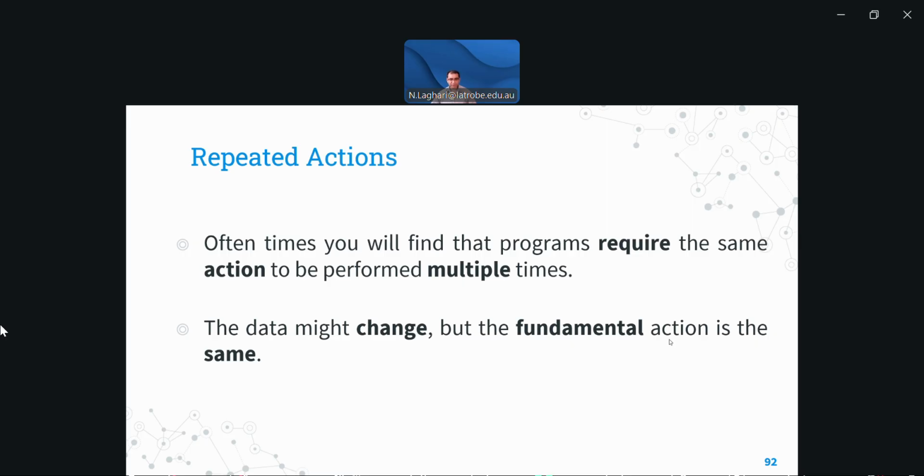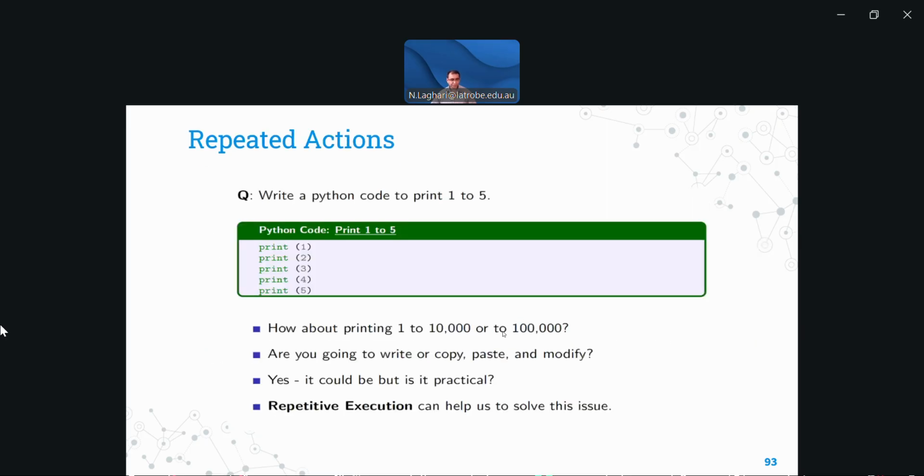Okay, while is one of those loops. So here is one example. If, for instance, we say that we want to print from 1 to 5, either we type the whole commands for 1 to 5. What if we wanted to print on our screen 1 to 500 or 1 to 5,000?